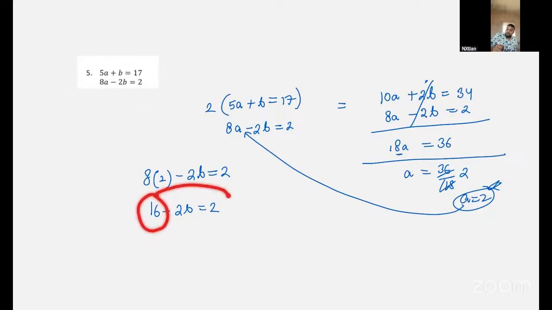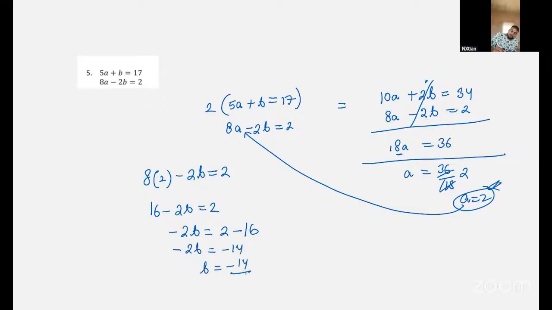The 16 is plus on the left side, so when it goes it will become minus. So it will become minus 2B equals 2 minus 16, which is minus 14. And B equals minus 14 upon minus 2. If I cut it, I will get the answer 7. So B equals 7 is the answer.